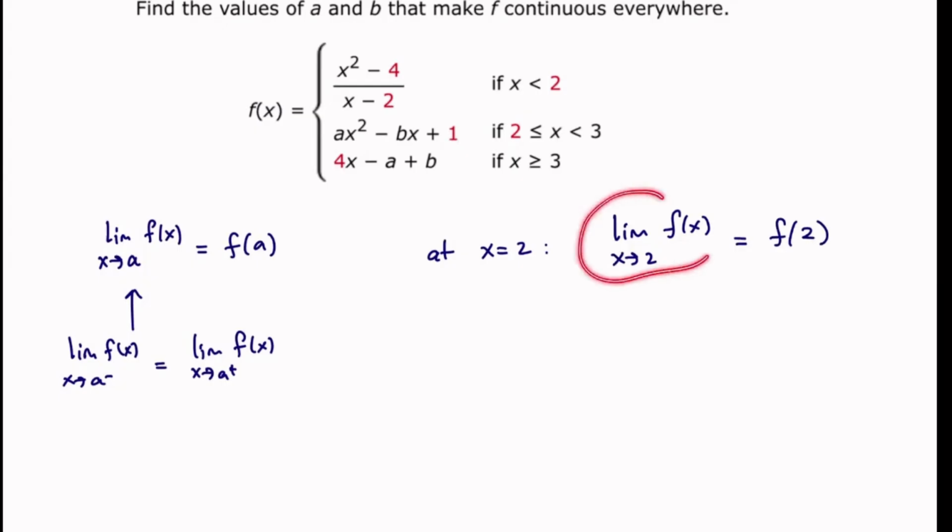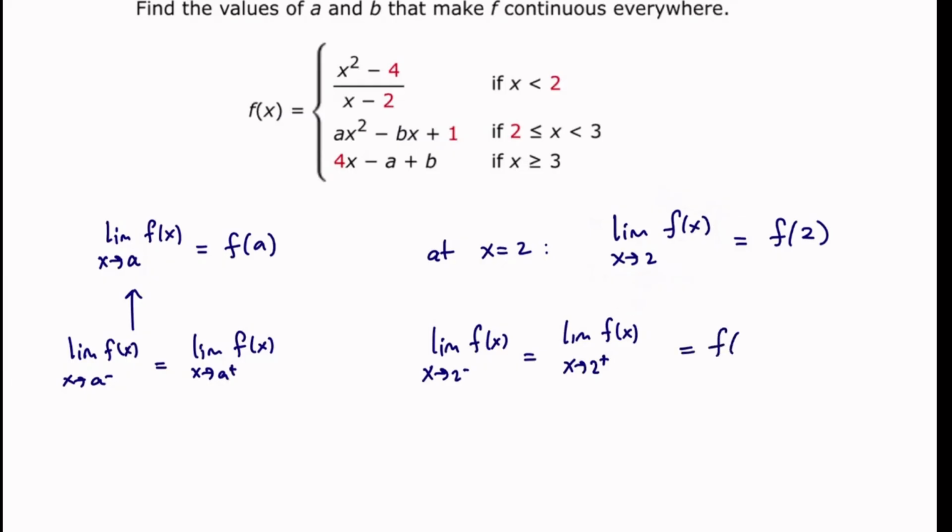For the limit portion, we're going to break it up into the left side and the right side of 2. So we want the limit of f of x as x approaches 2 from the left to equal the limit of f of x as x approaches 2 from the right. And we want both of these to equal f of 2. So you have equality everywhere.